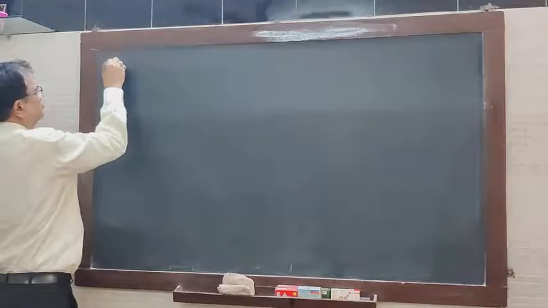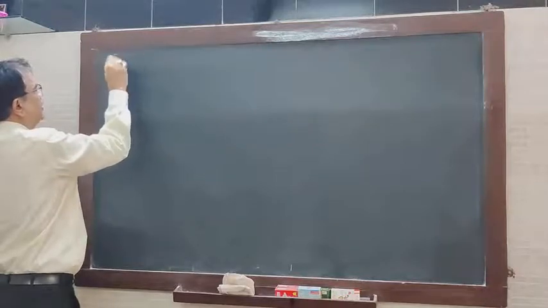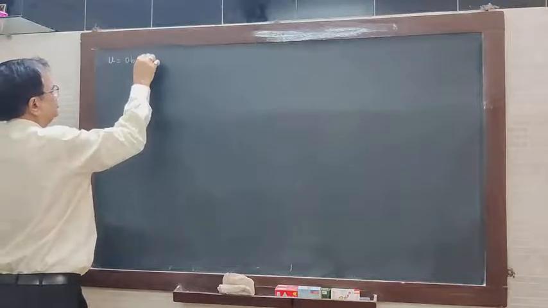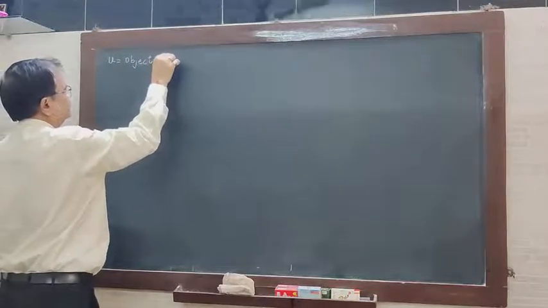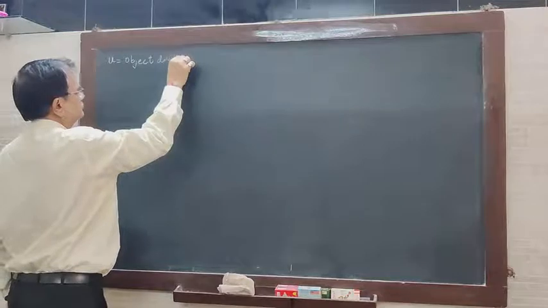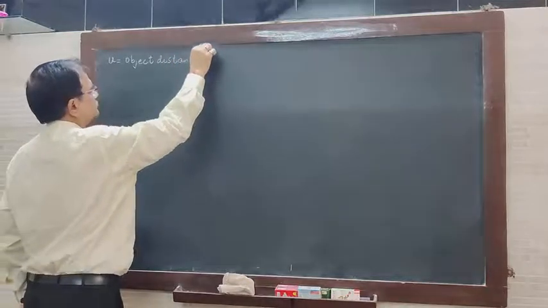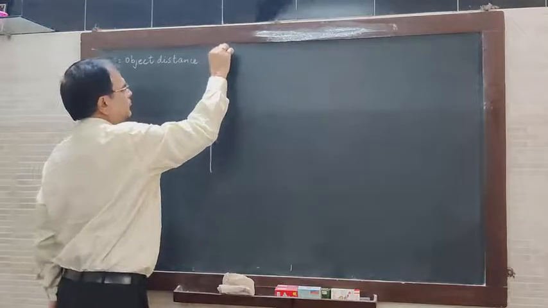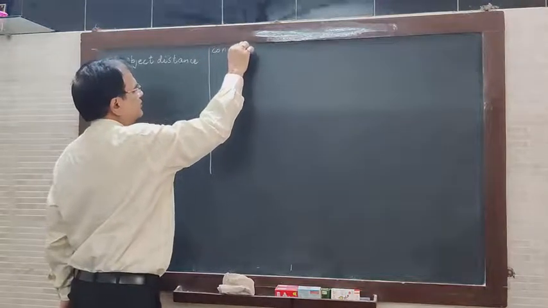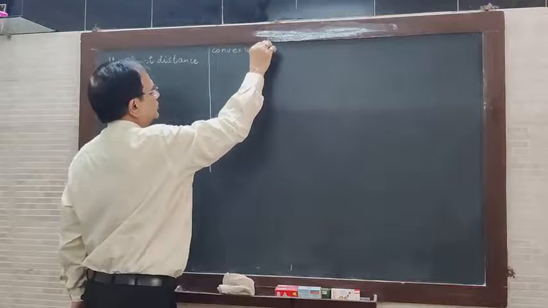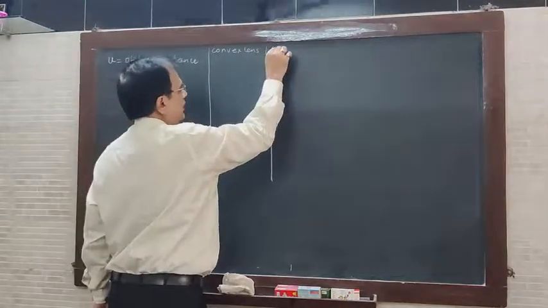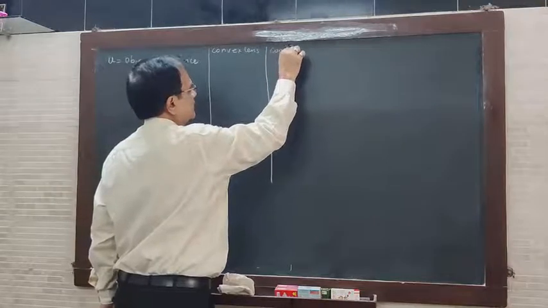Now U stands for object distance, distance of object, for convex lens and concave lens.